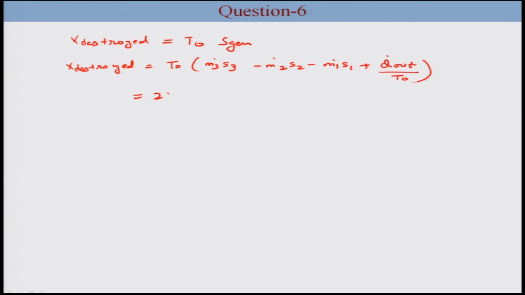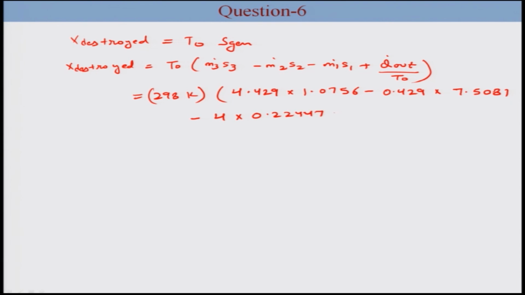So, this is 298 Kelvin T0, times (4.429 into s3, which is 1.0756, minus 0.429 into s2, which is 7.5081, minus 4 into s1, which is 0.22447, plus Q dot out, which is 10 when converted into kilojoule per second, divided by T0, which is 298).